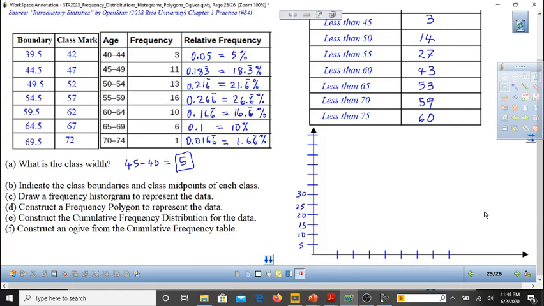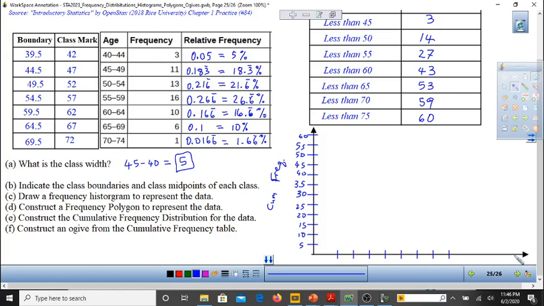Now we are going to add on our numbers. Just a minute here, the computer is a little frozen. 30, 35, 40, 45, 50, 55, and 60. That's my cumulative frequency.